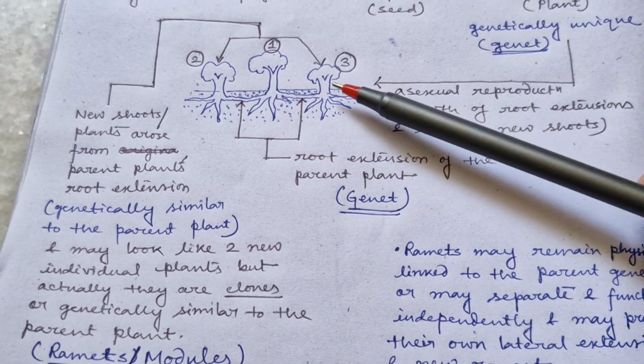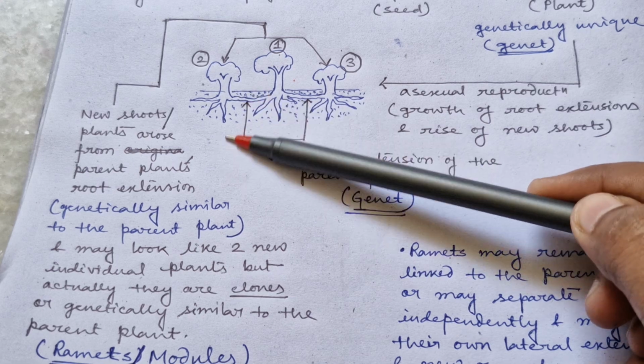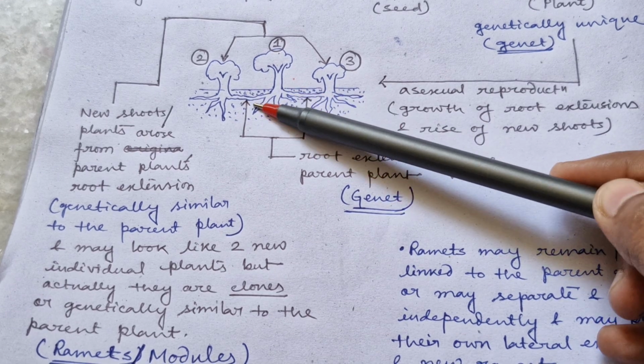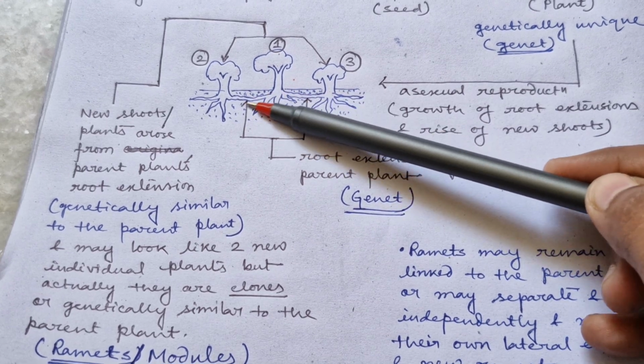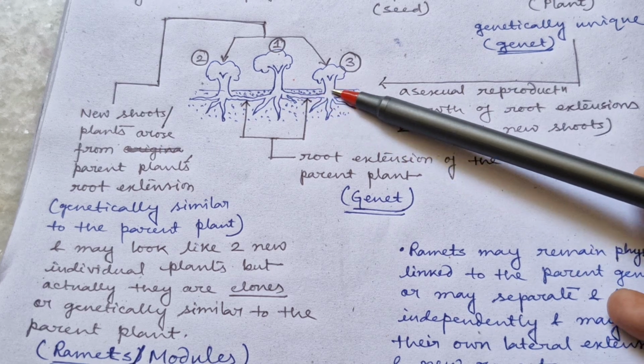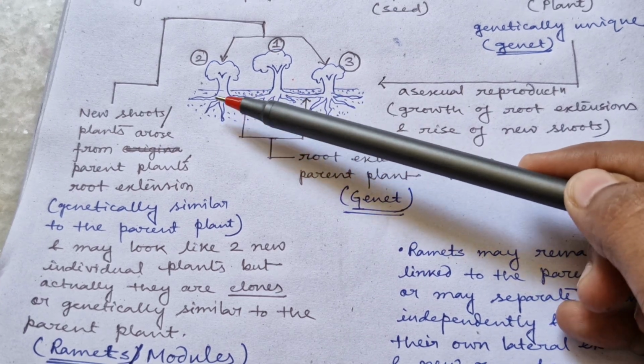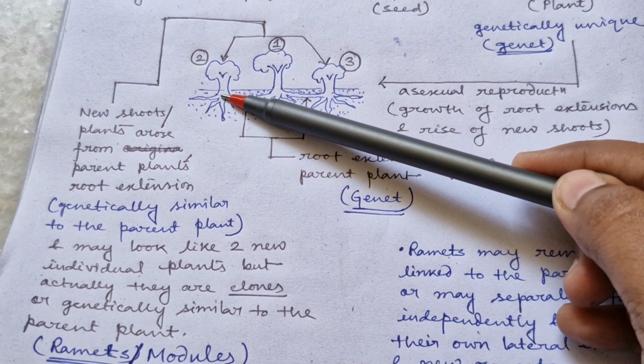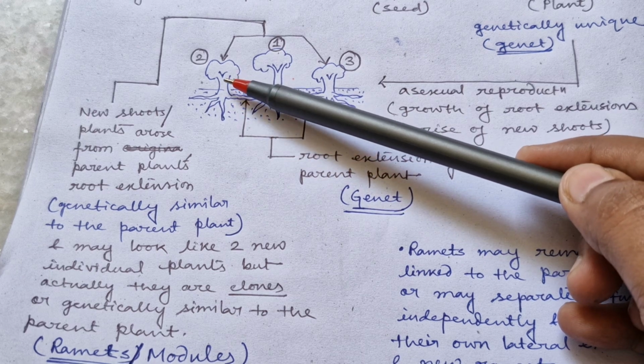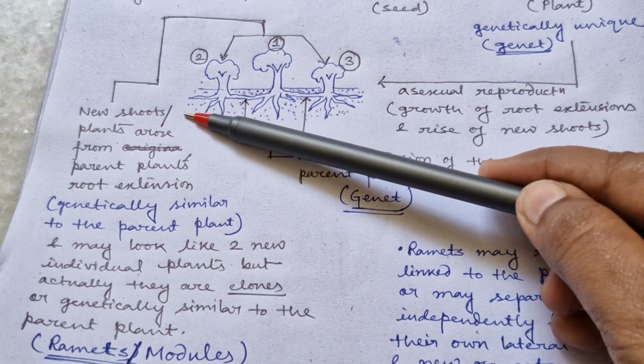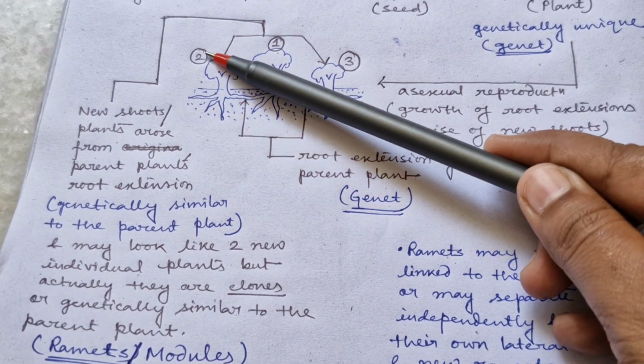Here these ramets may remain physically linked to the genet through root extension, or sometimes they may get detached. They may live independently, and then they will produce lateral extensions and give rise to other ramets.